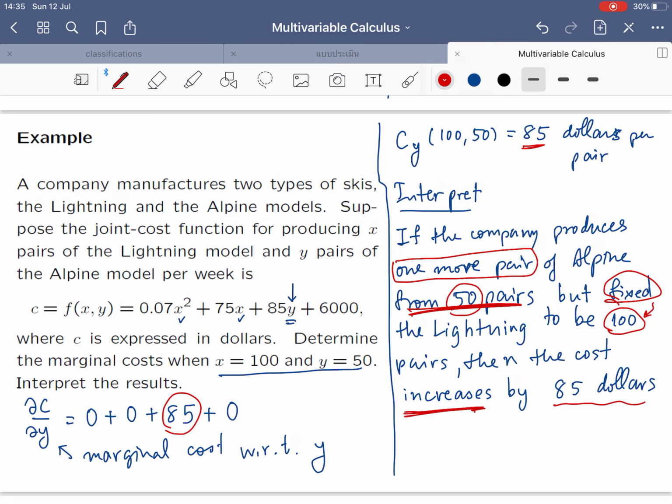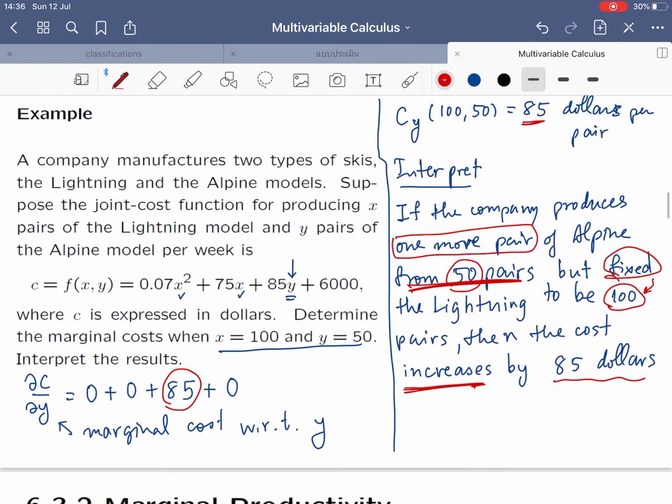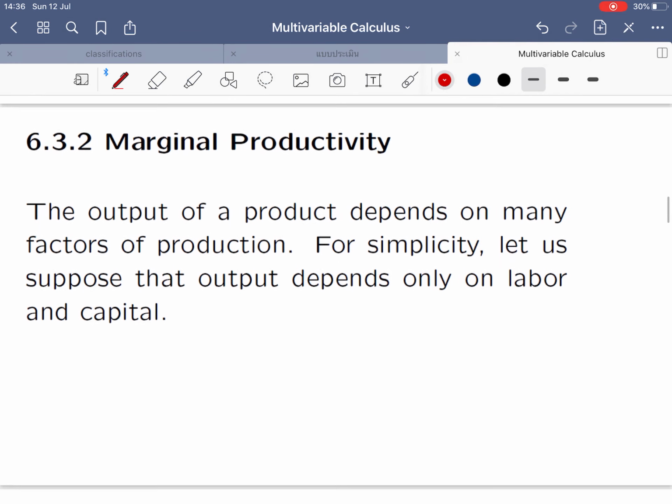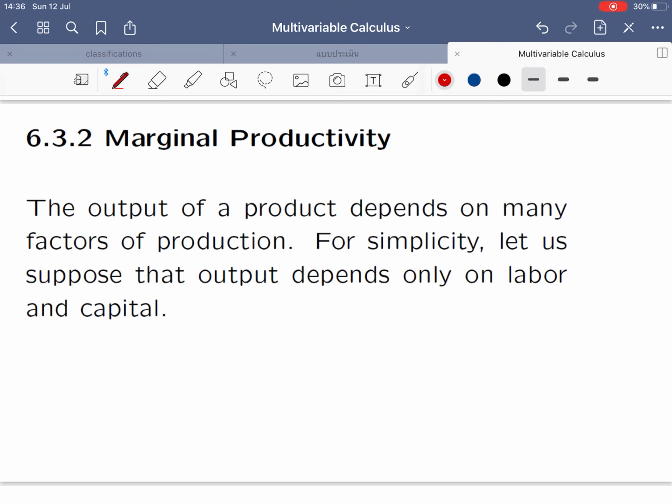Now let's look at some other application, but it is the same idea. This one is so-called marginal productivity. So usually the output of a product depends on many factors of the production, right?